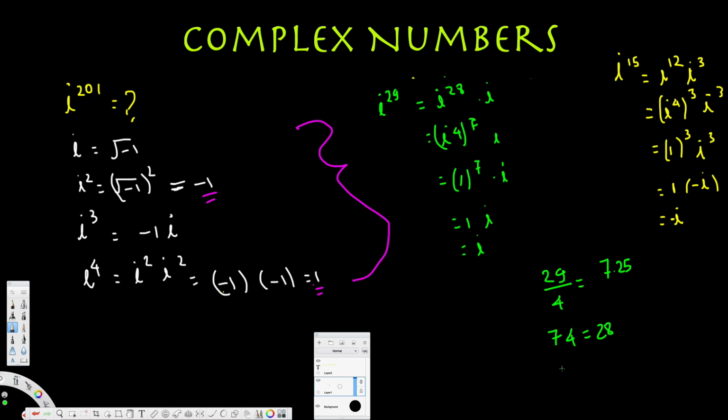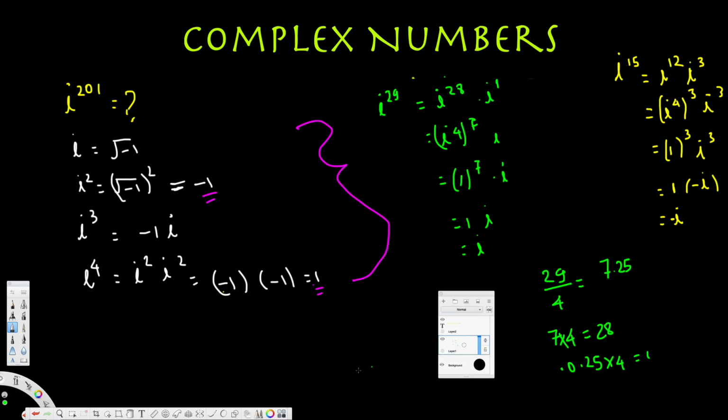Then take the 0.25 and multiply by 4, you get 1. Like that you will get it. So if you have a big number and have trouble figuring out the closest multiple of 4, you can separate it this way. If you don't know, you can use this method to find it out.